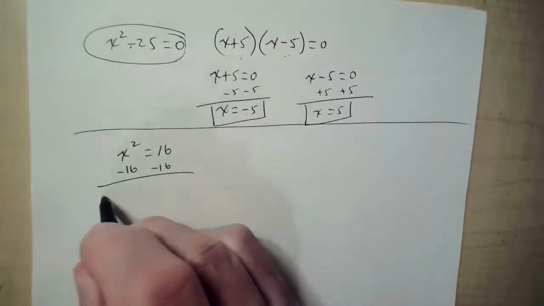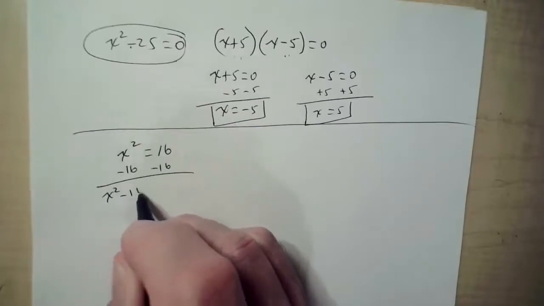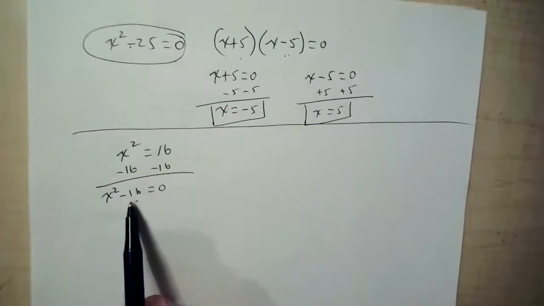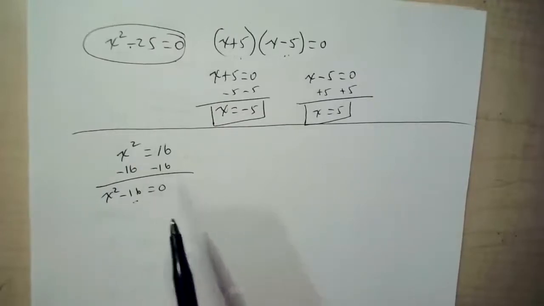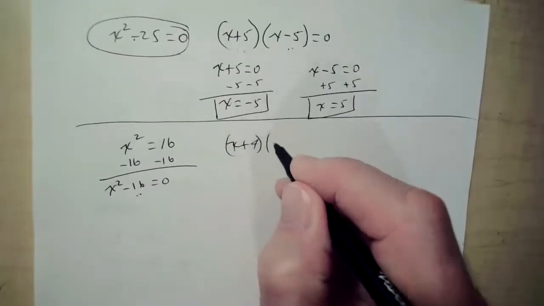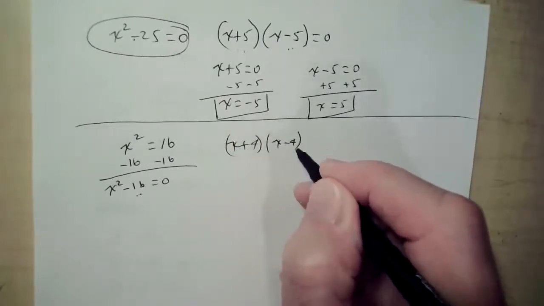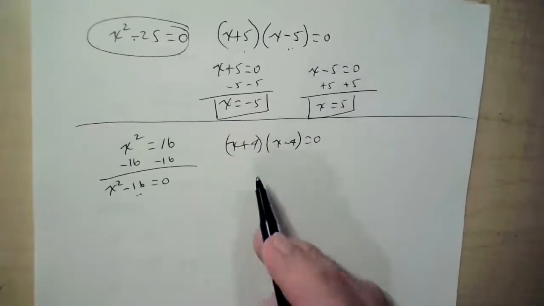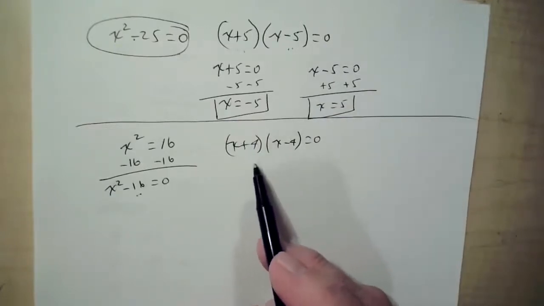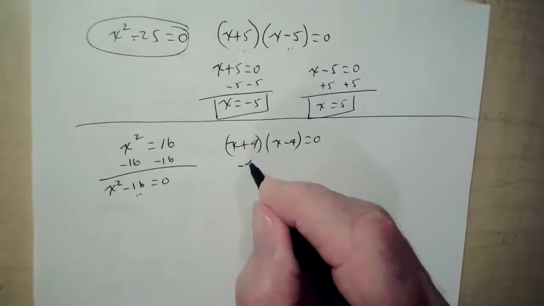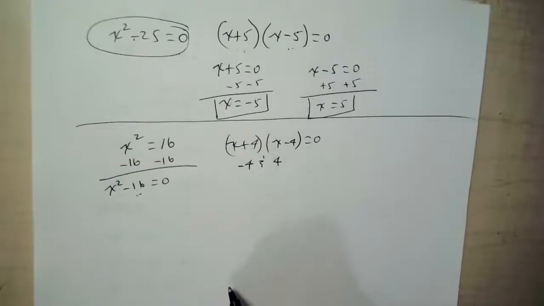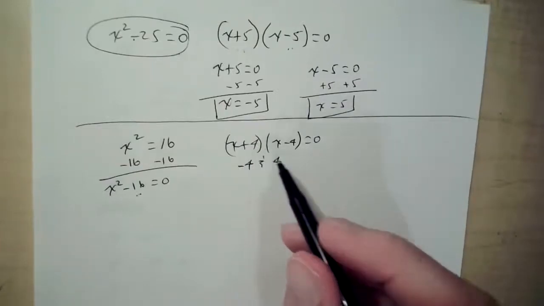So we subtract 16 from each side, and we get x squared minus 16 equals 0. And what do we have here? The difference of squares. So this is a conjugate. So this is x plus 4 and x minus 4 equals 0. So our two solutions here are negative 4 and positive 4.